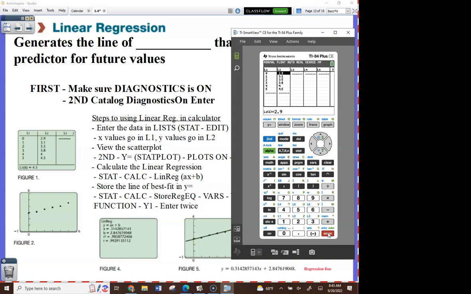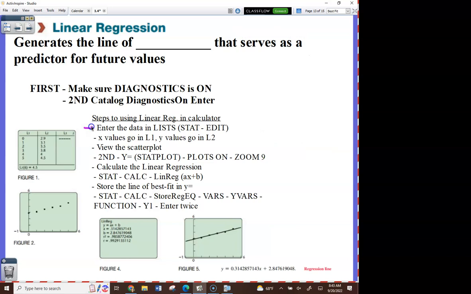Remember, for your x's, you are entering 0 to 5. You're not entering 2010. And you can see right here, this is a step you're doing, and this is where I'm just telling you that the x values go in L1 and the y values go in L2. That should be pretty common sense.